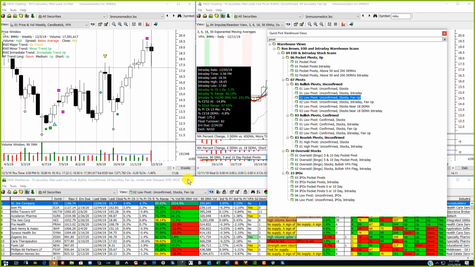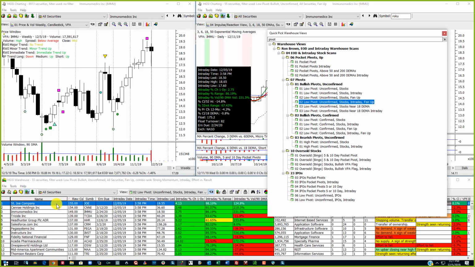If I'm prospecting before the market, I'll look at this. Look what's on top. The most in demand as of last night was St. Joe Company. And as I do the intraday, it is the number one stock intraday based upon my combo ranking.